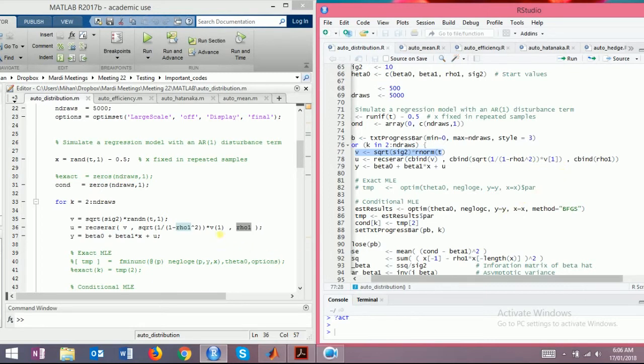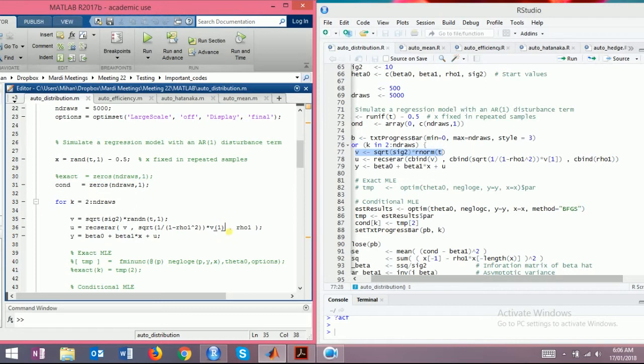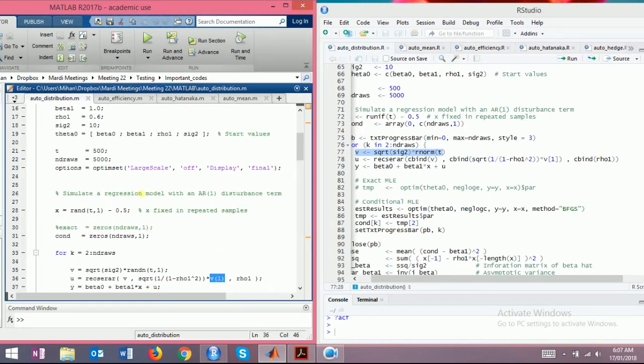The first element of v, only the first element, because rho will continue to change.